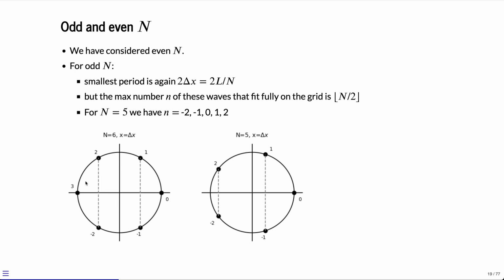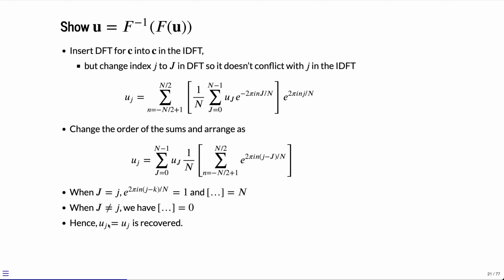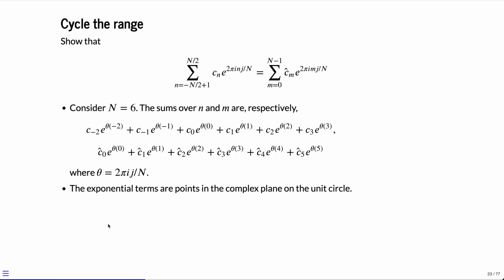Both ways of labeling them are the same, but the coefficients will be a little different. So you can show that if you look at these two sums, and here I'm showing the Cn's and I'm calling these C hats. If you write out all the terms of the sum for n is 6, then you can see the sum over n and the sum over m.